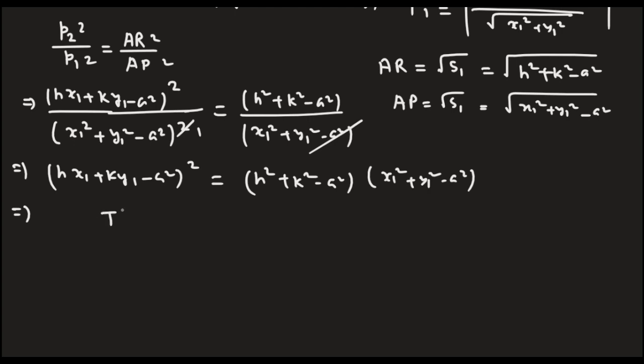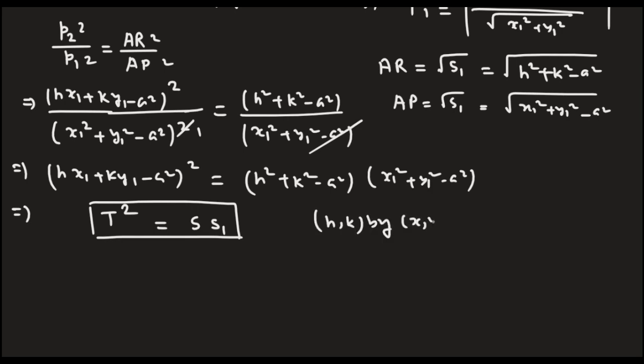This we call T square, and this is S into S1. Before making T square equal to S1, you should replace h and k by x comma y, so that you can easily generalize the relation.